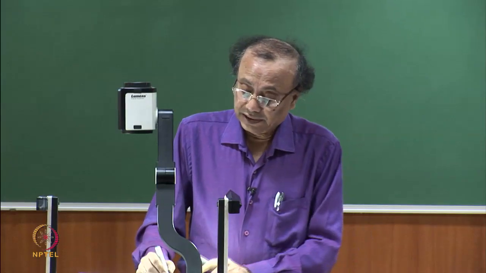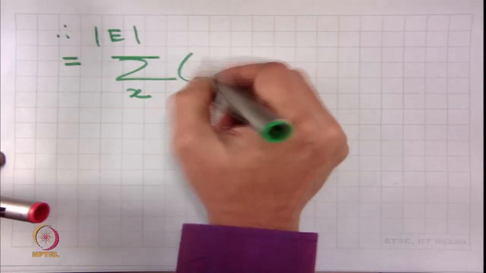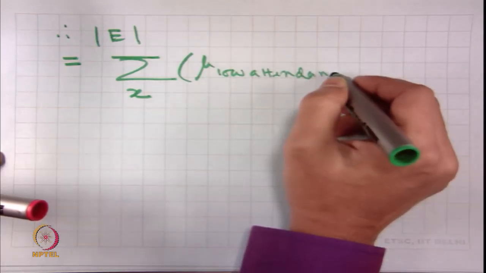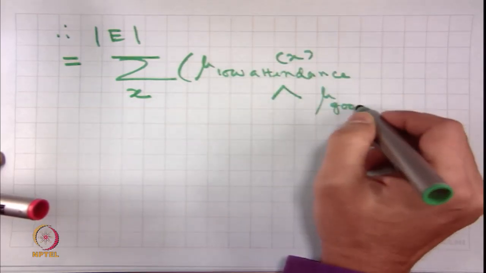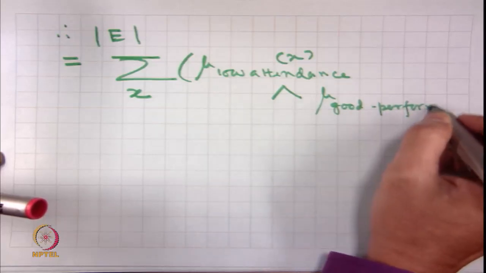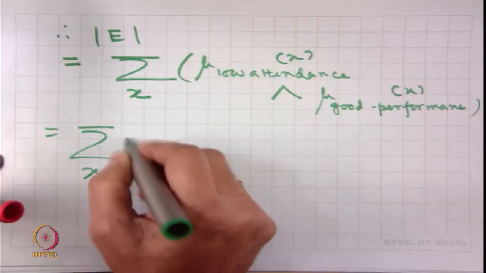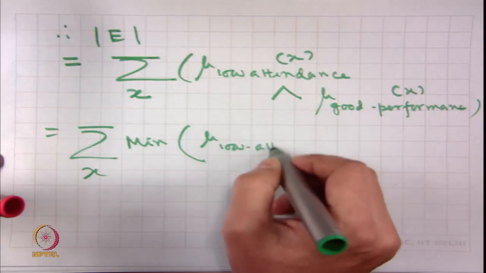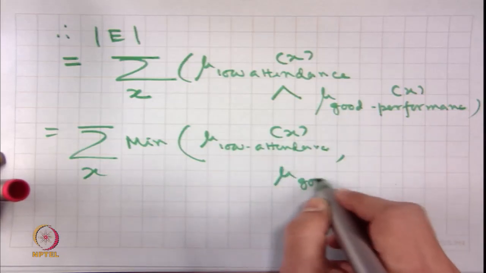Therefore, scalar cardinality of E is equal to sigma over x mu low attendance of x and mu good performance of x, which is equal to sigma over x minimum of mu low attendance of x and mu good performance of x.